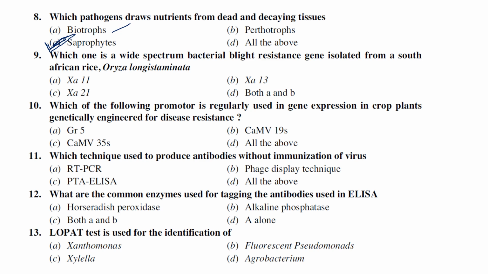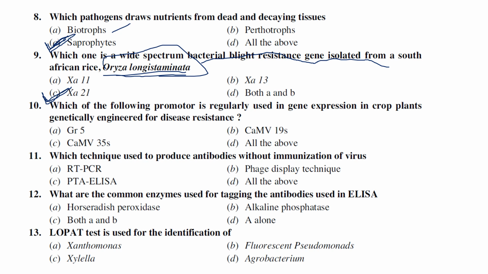The next one: which one is a wide-spectrum plant bacterial blight resistance gene? The bacterial blight resistance gene Xa21 was isolated from African rice, Oryza longistaminata. I think this question was asked in the 2021 NET. It is a resistance gene isolated from the African rice Oryza longistaminata, especially recommended for rice bacterial leaf blight, which is caused by Xanthomonas oryzae pv. oryzae.